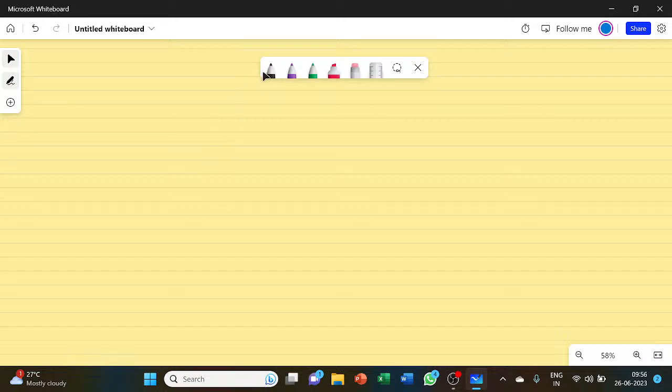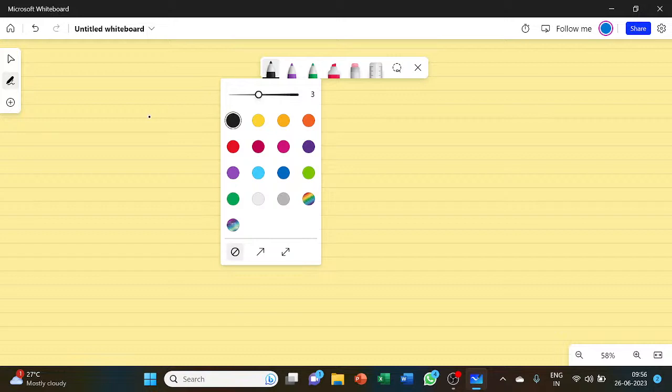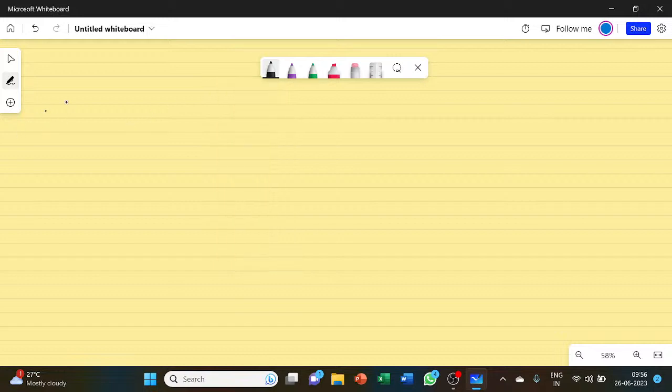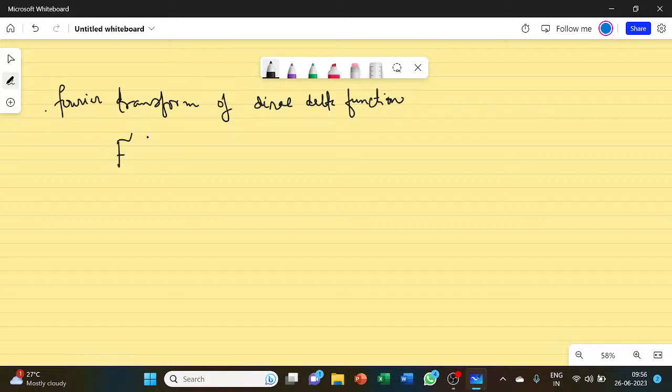Now you see, what would be the Fourier transform of the Dirac delta function? If I want to find the Fourier transform of the Dirac delta function, what will it be?